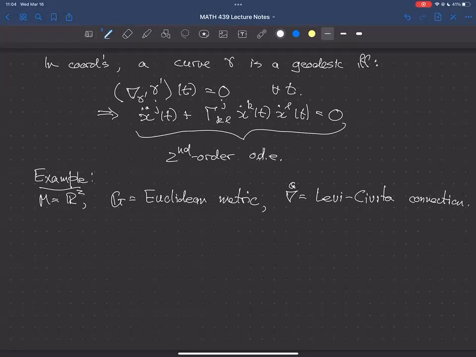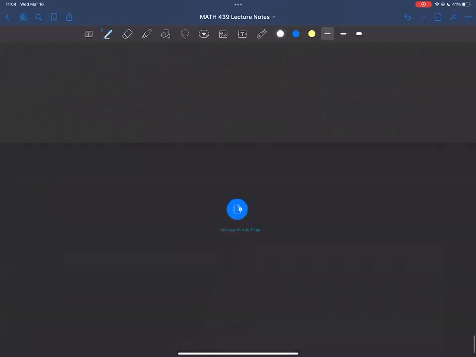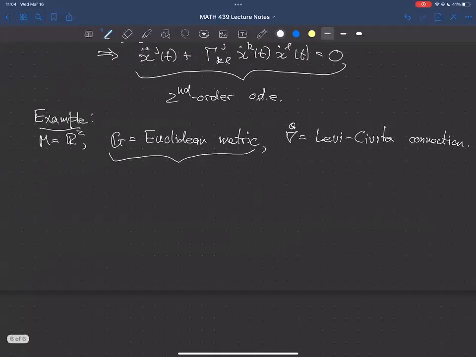Okay, so what's the Euclidean metric? We're working on a simple manifold here, a Euclidean space, so obviously Euclidean makes sense there.